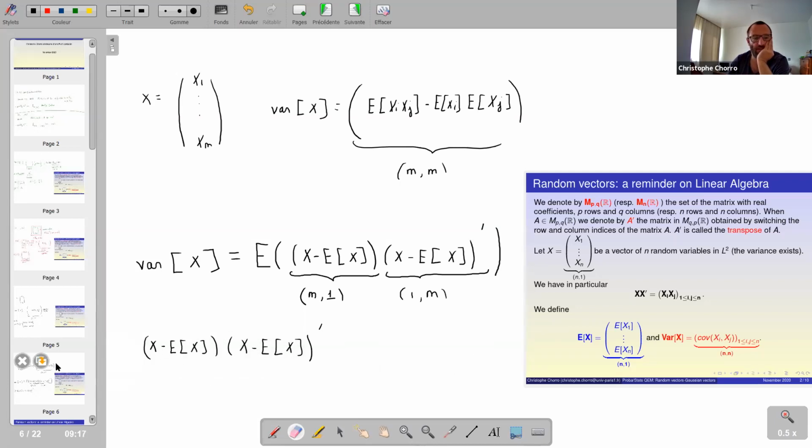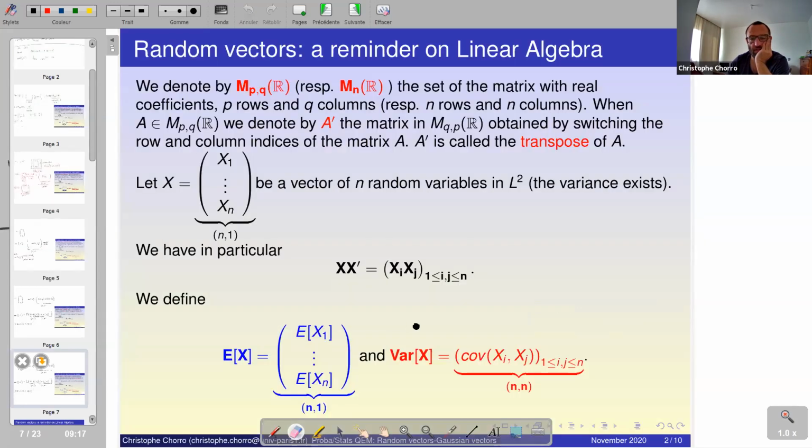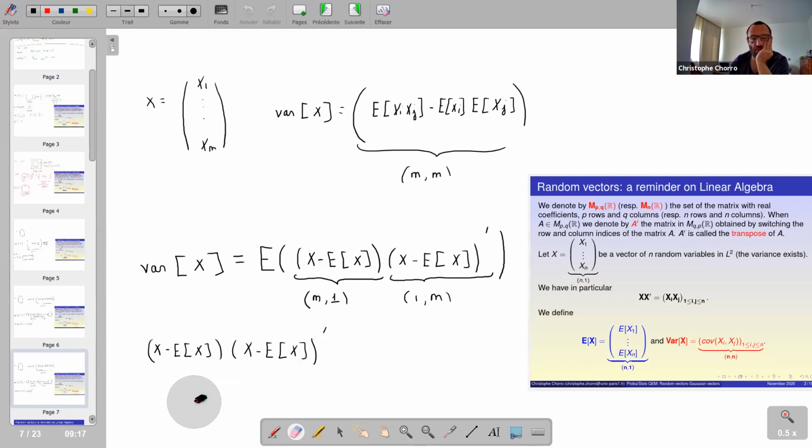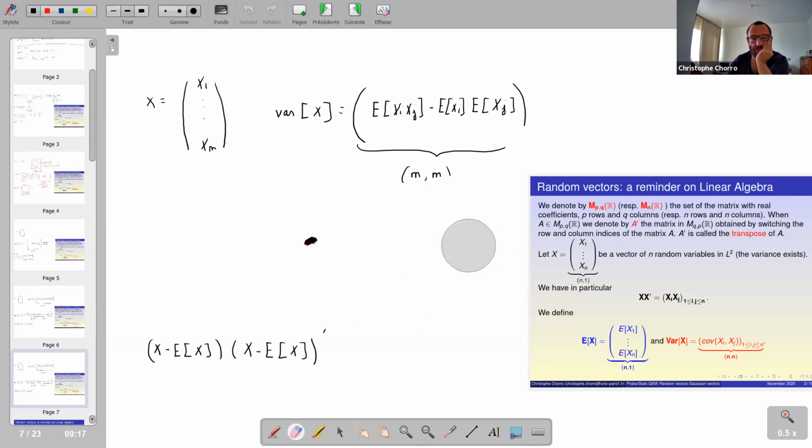Let's write it correctly. Just do the job correctly here. I am interested in this quantity in order to prove that the variance may be expressed this way. So I just erase this one, and erase this one. So what is x minus the expectation of x?